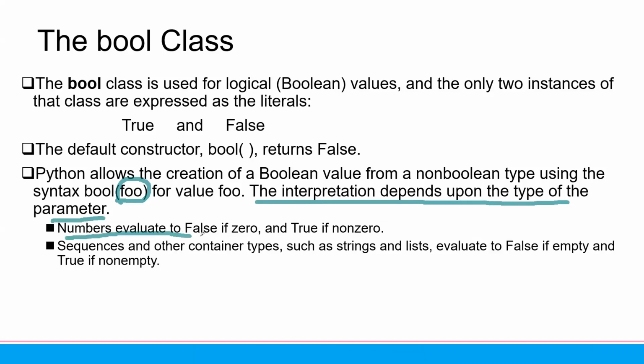Numbers evaluate to False if 0, and True if non-zero. Sequences and other container types such as strings and lists evaluate to False if empty and True if not empty. So we will also check this one.